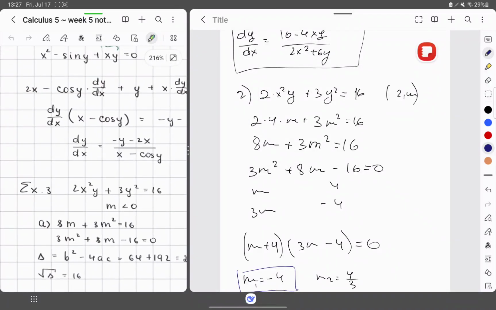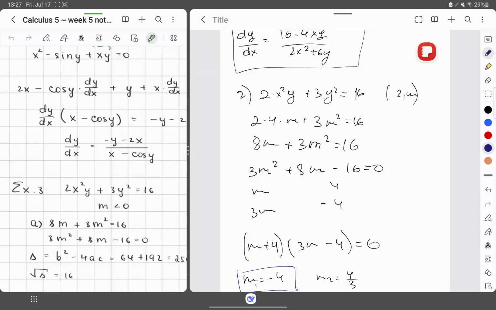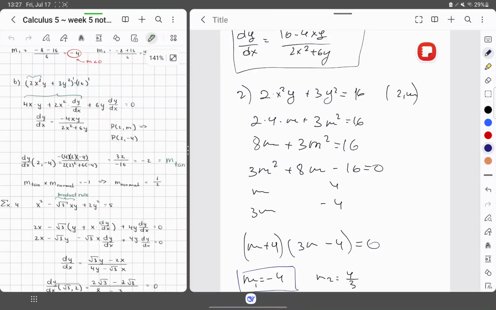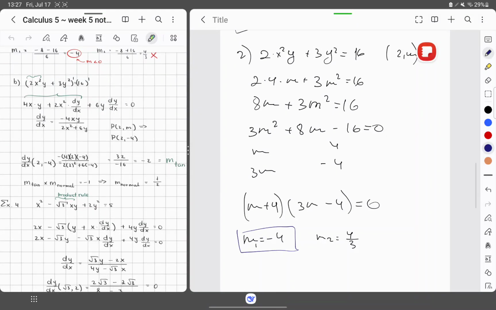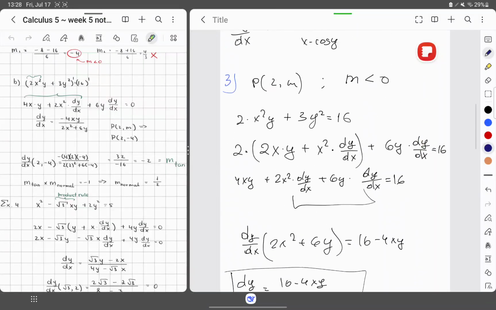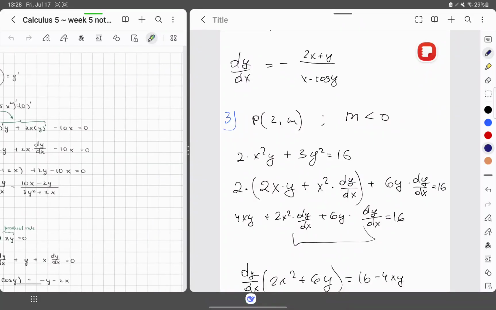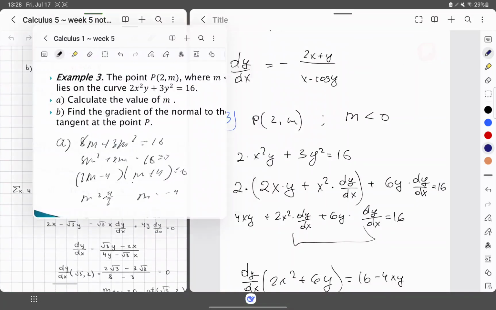Exercise 3. Okay, my teacher did discriminant. That is a little bit long way, but my version is short, but it doesn't matter. And the other one is what? I remember that he found m tangential or m normal, if I'm not mistaken.